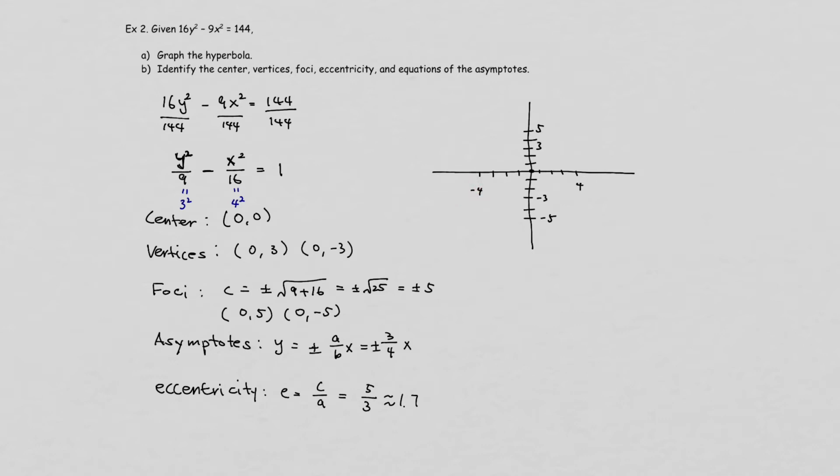So using your asymptote, you should be able to find this line, passing this point. So let's draw the straight line passing those 4 points. That's going to be the 2 asymptotes.